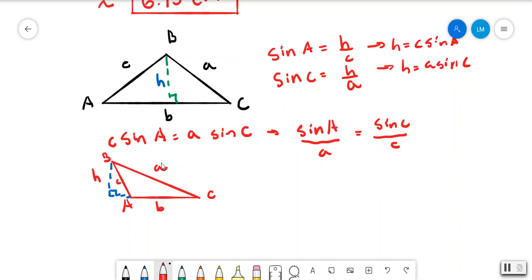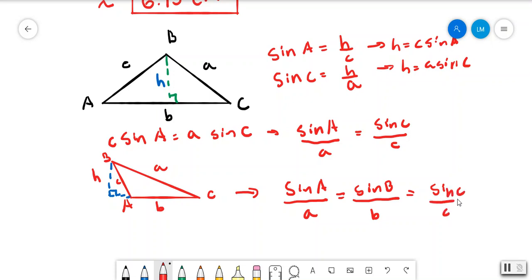So you would use sine of B and sine of C, and then you would end up using some type of transitivity law that would say that, once you do the derivation, of course, you have that sine of A over a equals sine of B over b, and then this equals sine of C divided by c.